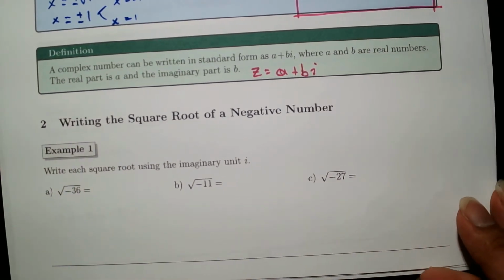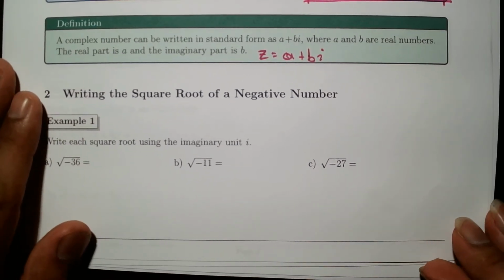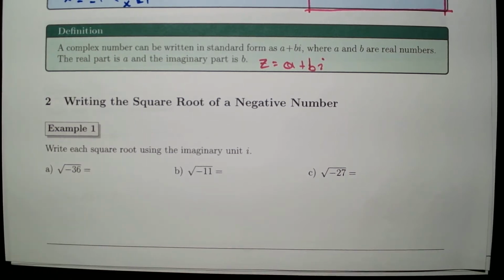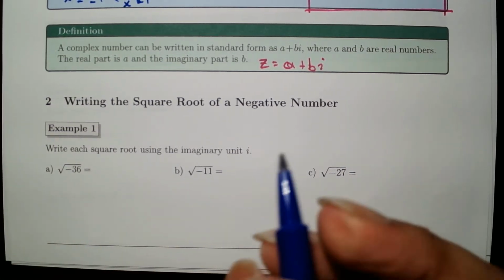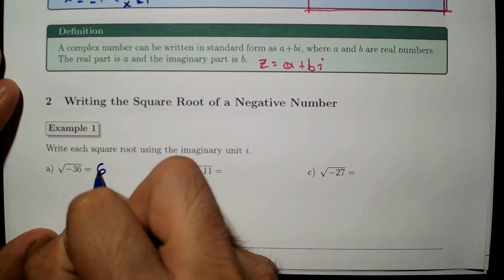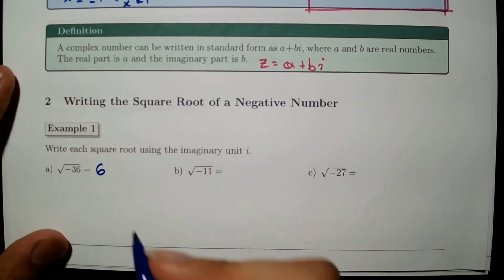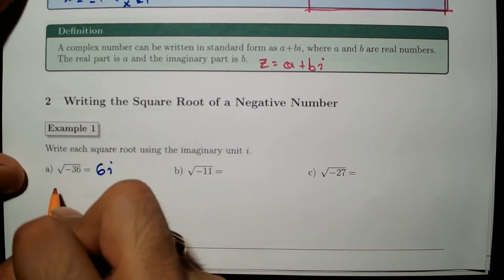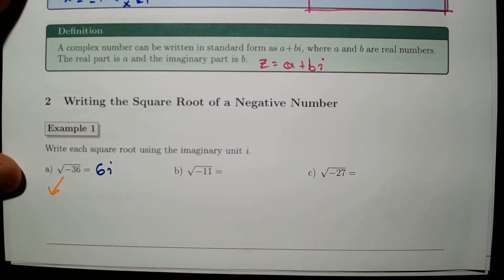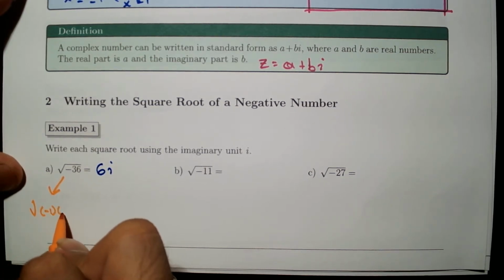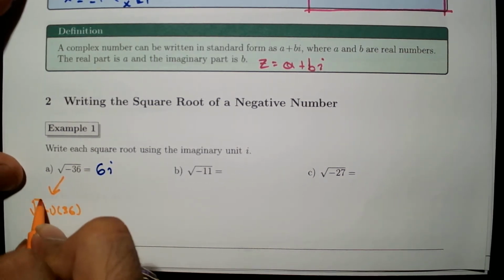Now let's take roots of negative numbers. How do we do that? Taking the square root of -36, take the square root of the number as it is, the square root of 36, which is 6. However, because of the negative inside of the radical, we just multiply by i. How can we explain this? Let me take a quick side tour here. This is the same as saying -1 times 36.